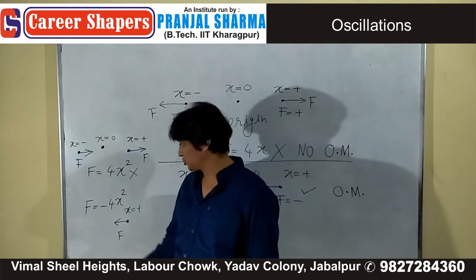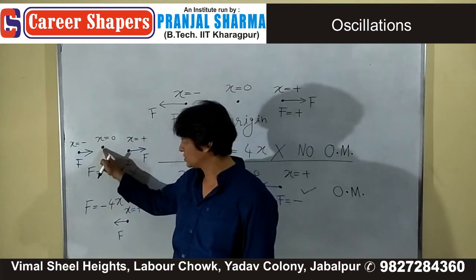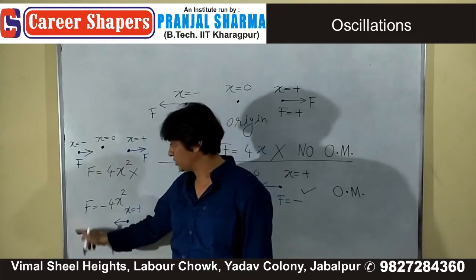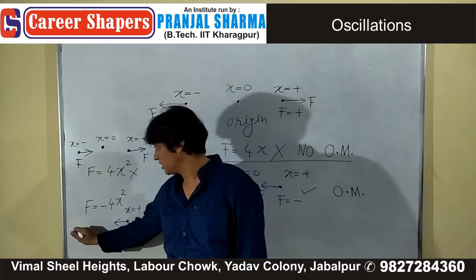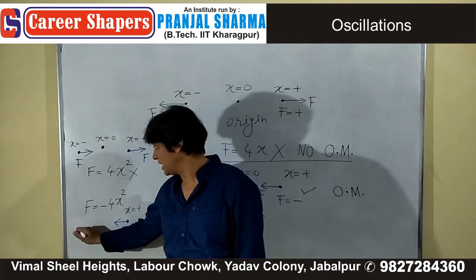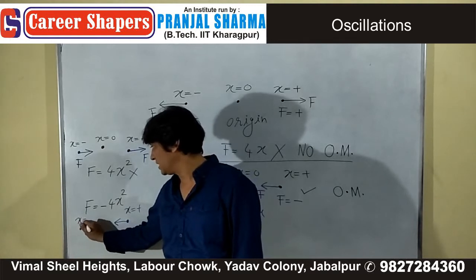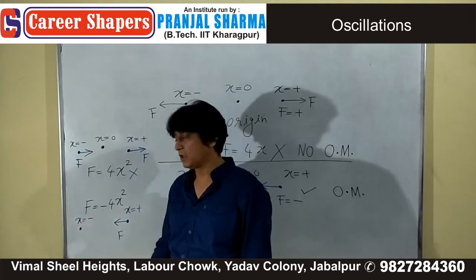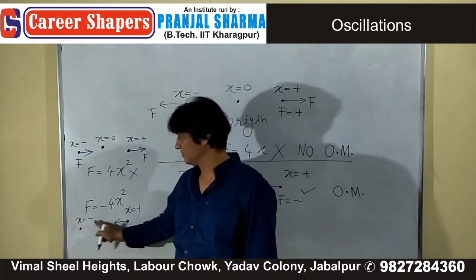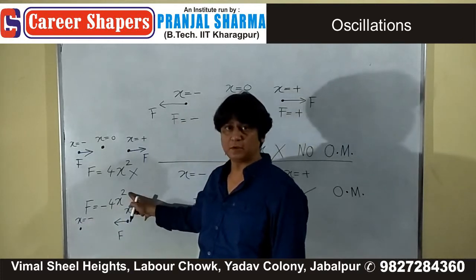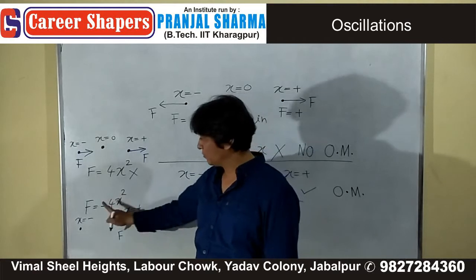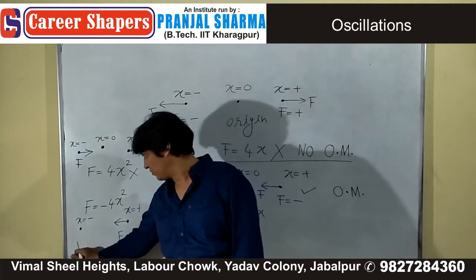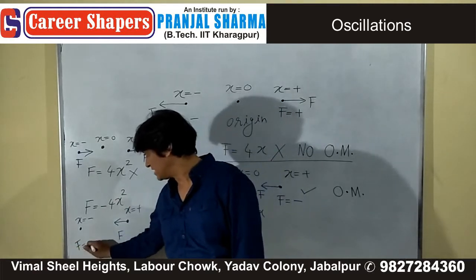Force is in this direction, but once you cross the origin and reach to this side, over here, your x coordinate is what? Negative. If x coordinate is negative, square of negative, positive. With this negative sign, your force is coming negative.